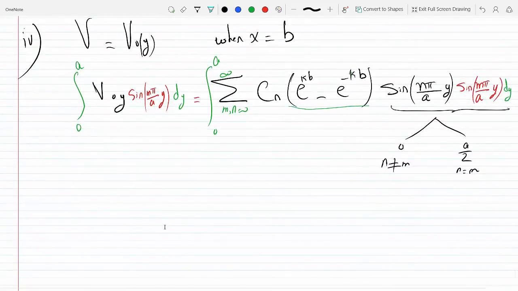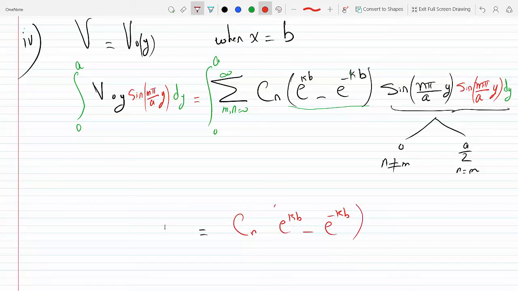And so from this I'm going to get Cn times (e to the kb minus e to the minus kb), and this guy with the integral will become times a over 2. On the left-hand side I could just integrate.